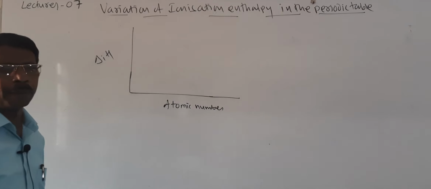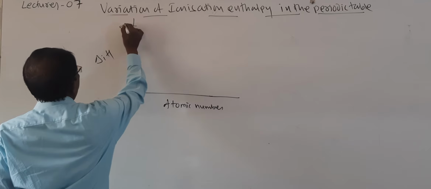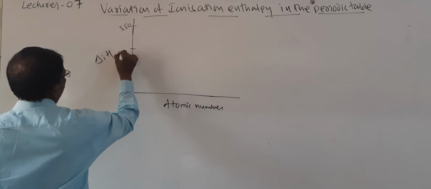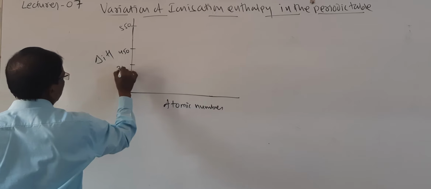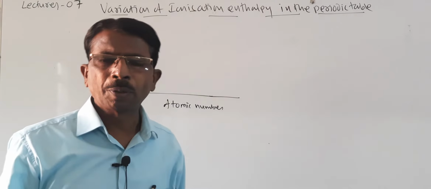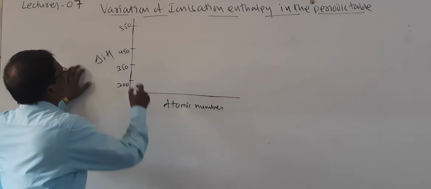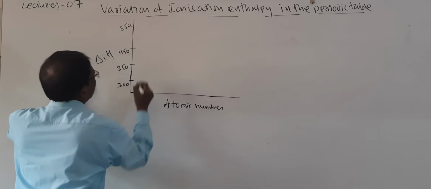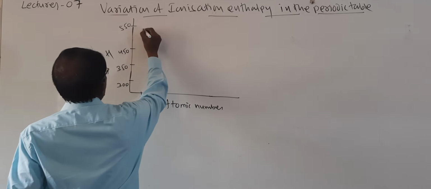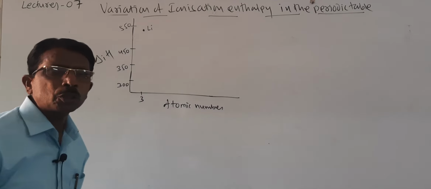Remember, I will write values like 550, 450, 350, 300; you may take any values. First I will take lithium, whose atomic number is 3, and lithium is 520 kilojoules per mole.